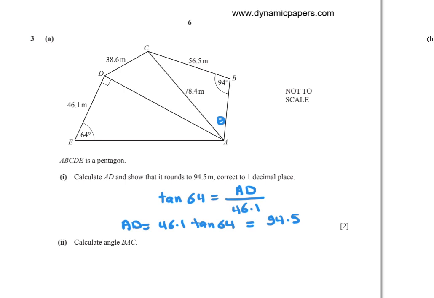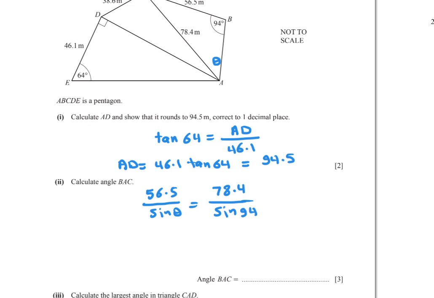So use the sine rule, 56.5 over sine theta equals 78.4 over sine 94. Then you can find sine theta, or you can find theta directly. Theta equals sine inverse.